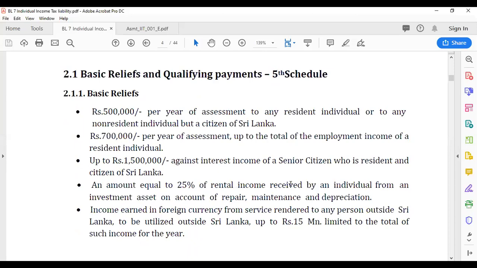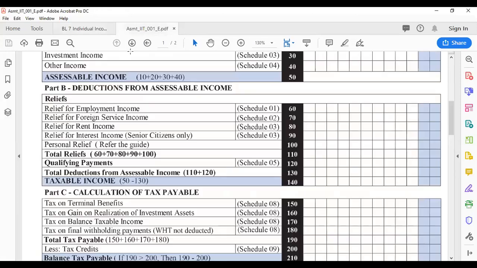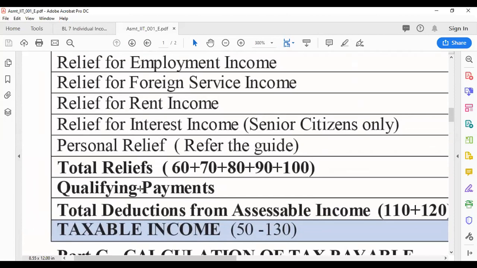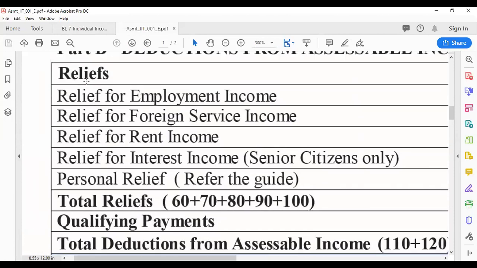Here 2.1, the basic reliefs and qualifying payment, right? So basic relief. When you look at this table, deductions, we can deduct some amount under relief, right?